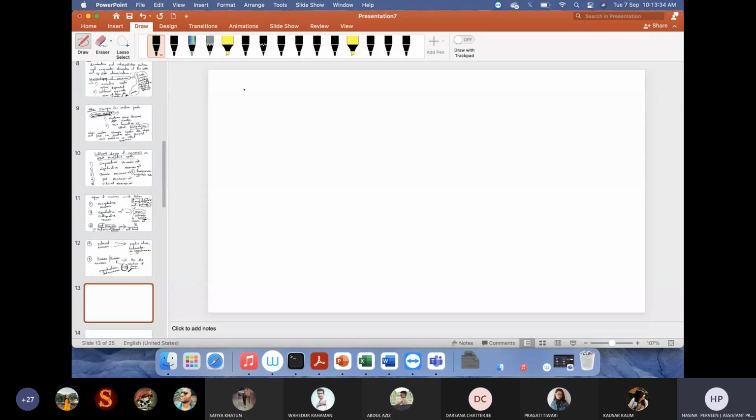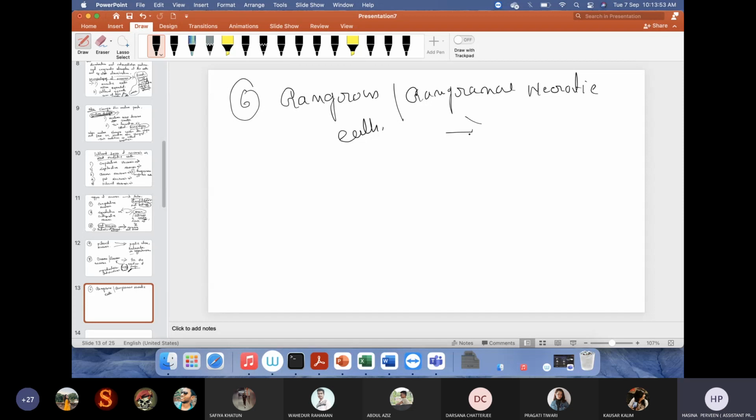And another is the gangrenous or gangrene necrotic cells. And which sites? This is the feet and finger.